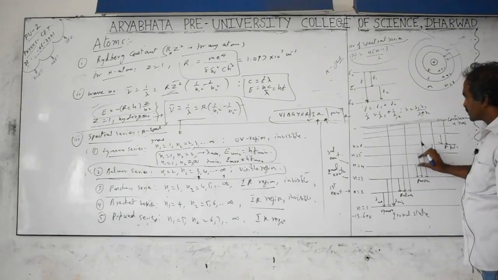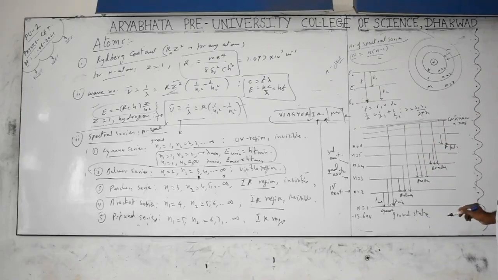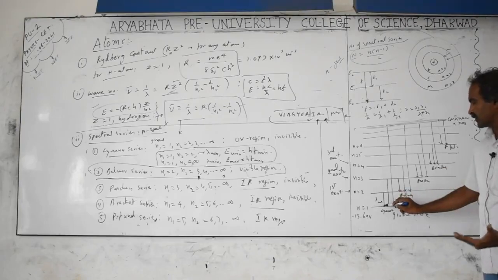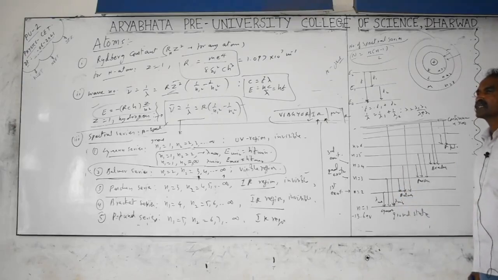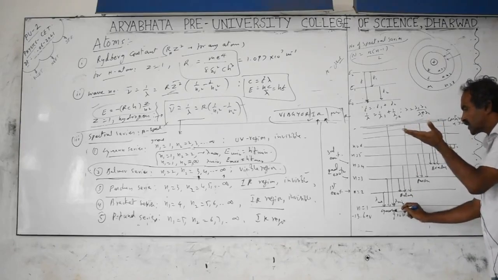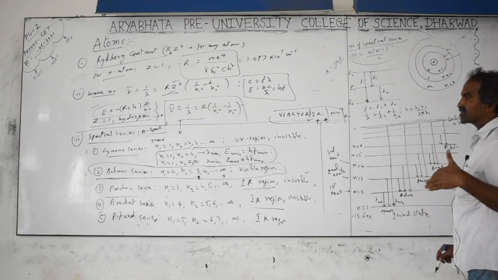The difference between spectral lines will go on decreasing. And if the electron is taken from the ground state by absorbing energy, from the ground state to the first excited state, or second excited state, third excited state, it is called excitation, or the atom is said to be in an excited state. Again the electron jumps back to the ground state. The energy required to take the electron from the ground state to higher energy levels is called the excitation energy.